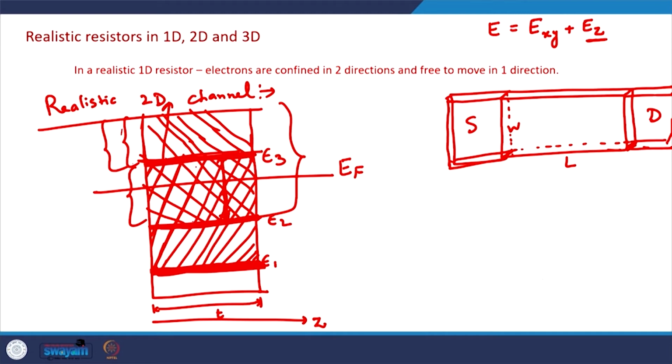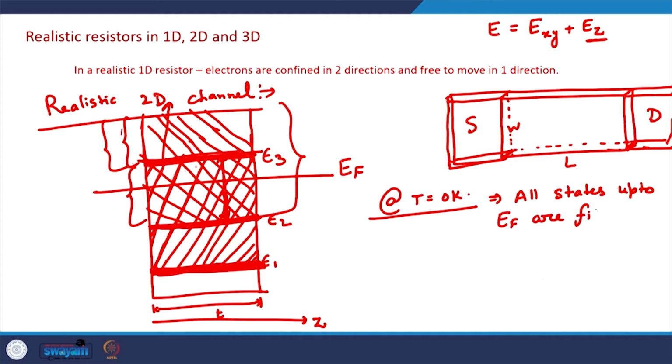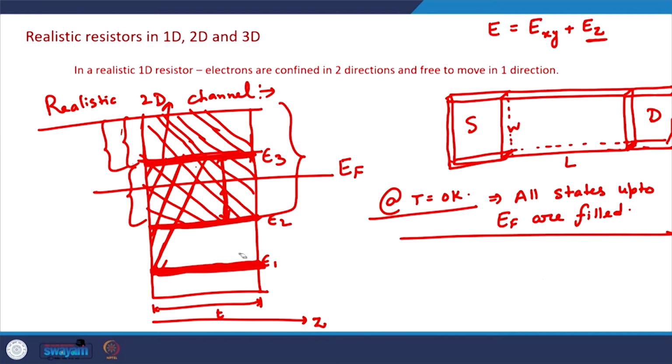Now if we need to calculate the total number of electrons in this channel at T equal to 0 Kelvin, which means that all states up to the Fermi level are filled, how many states can be there up to the Fermi level?